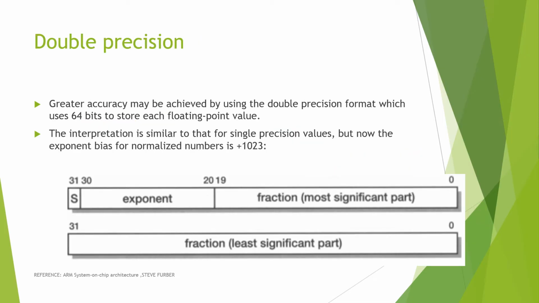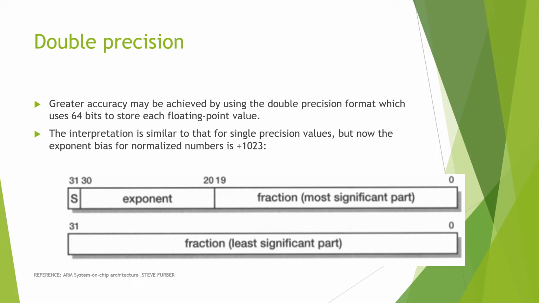Now coming to double precision. In double precision format, the method is almost the same. The difference is that if we always want more accuracy, it can be achieved using the double precision format, which uses 64 bits to store all those floating point values.